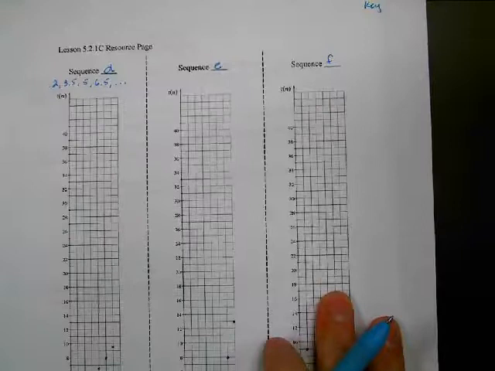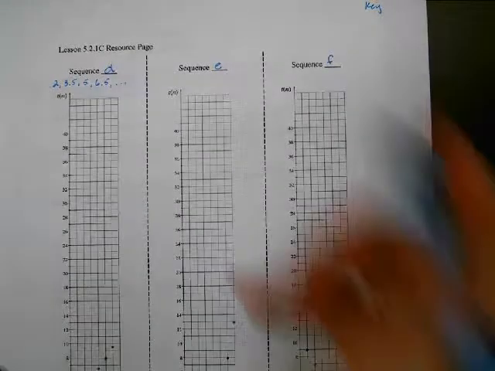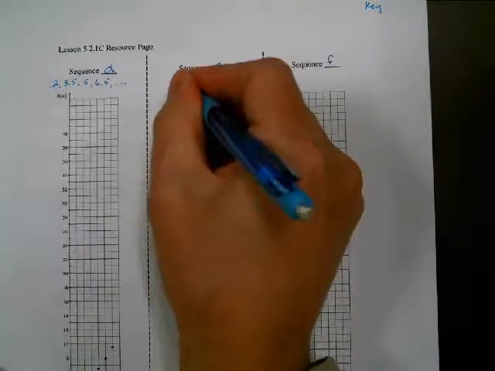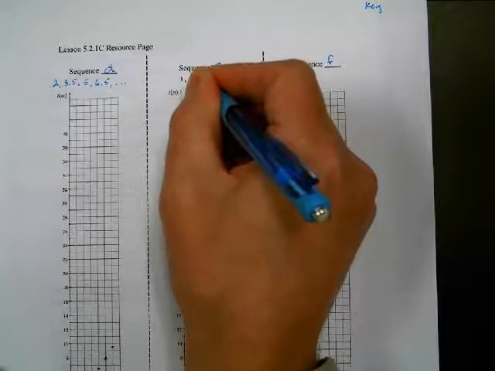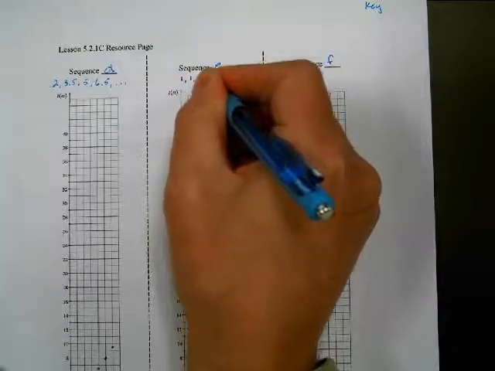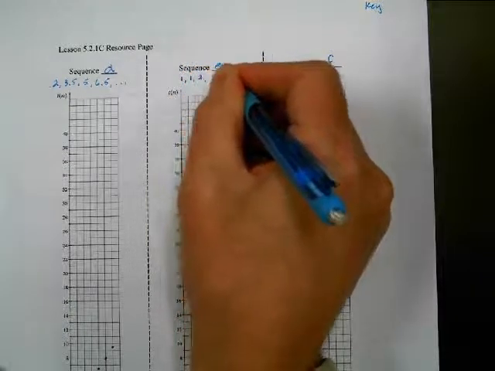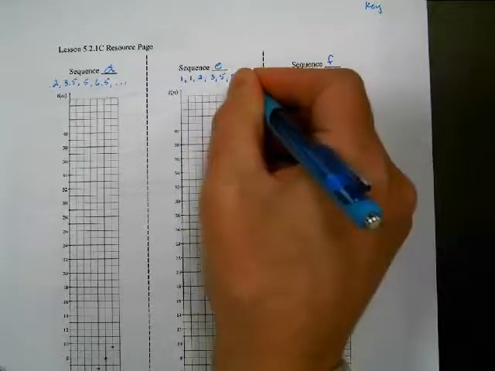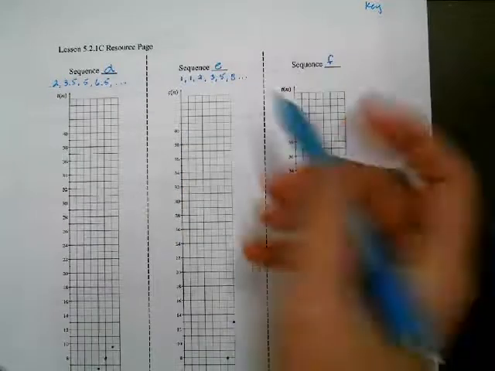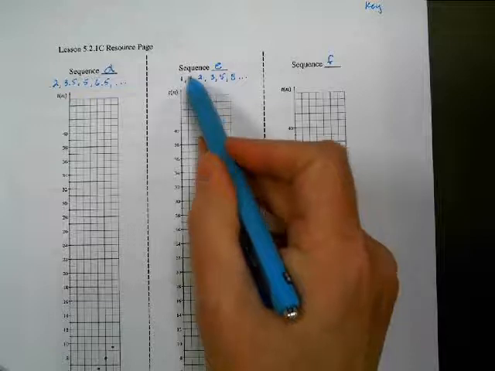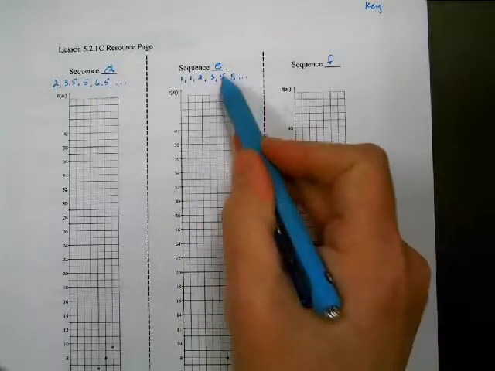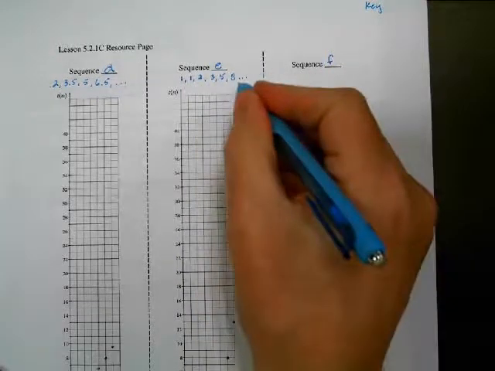For E, this was the Fibonacci one. So 1, 1, 2, 3, 5, 8, and we knew that this was the one where you're adding the previous two numbers. So the next one after this would be 13, because I'm adding the 8 and the 5.